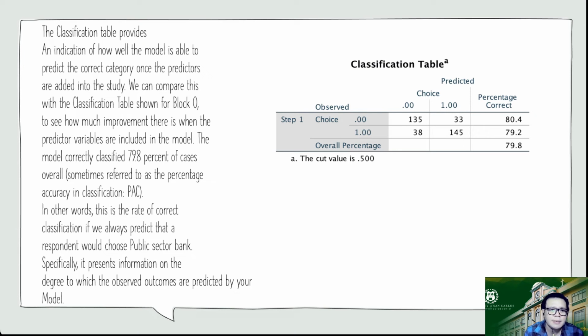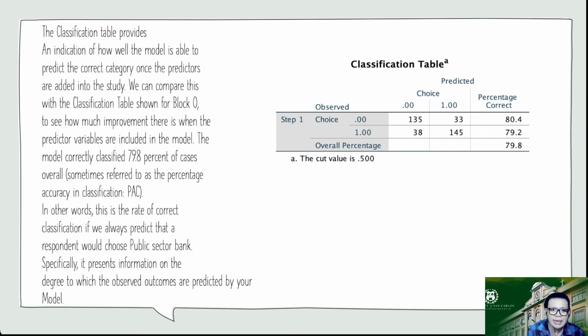The model correctly classified, as you can see, an overall percentage of 79.8% of cases, sometimes referred to as the percentage accuracy in classification or PAC. So in other words, we can say that this is the rate of correct classification if we always predict that the respondent would choose public sector bank particularly.